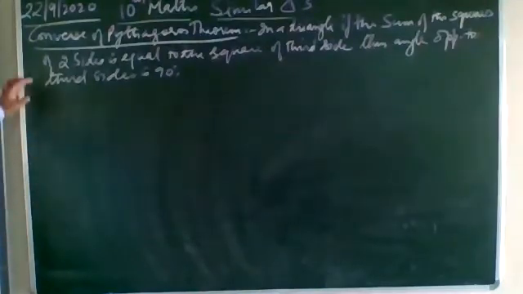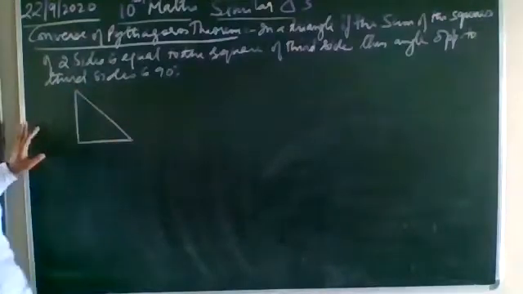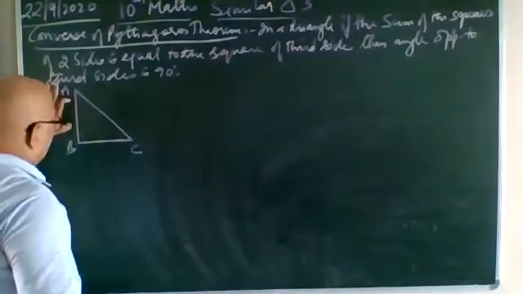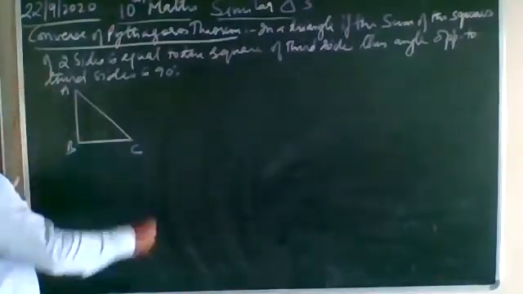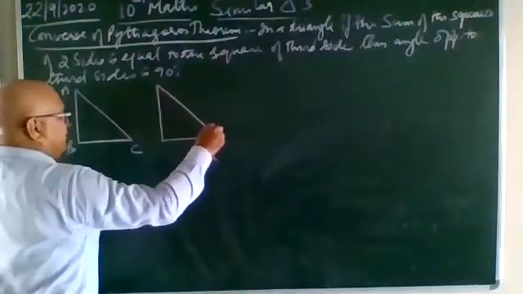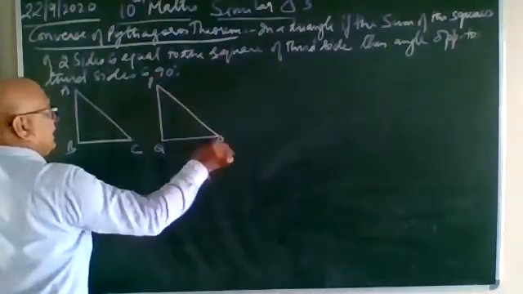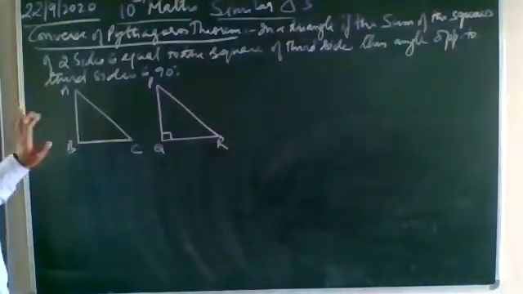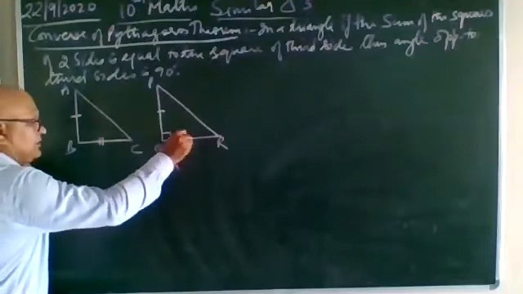Now how will you prove this theorem? This is one triangle. Now what is given? A, B, C, this triangle is given. AB square plus BC square equal to AC square is given. Construction, what you will do? You have to draw same type of triangle, PQR. But here you have to mention 90 degree, but here you have to prove this angle is 90 degree. AB is equal to this, and this is equal to this.